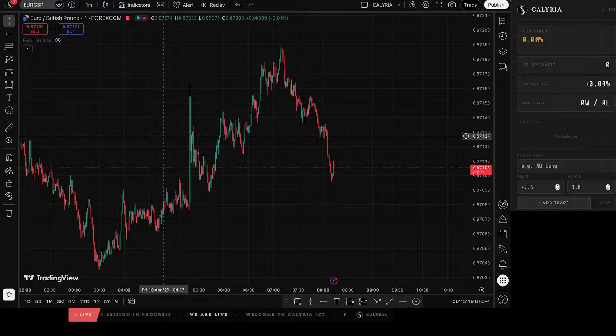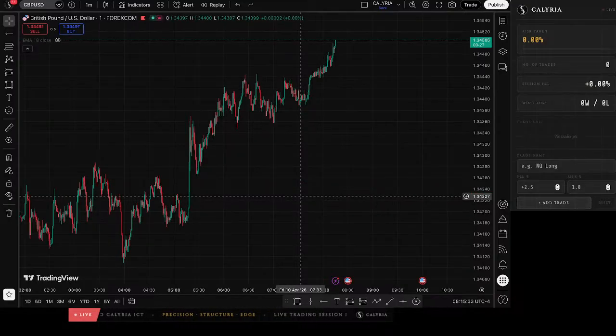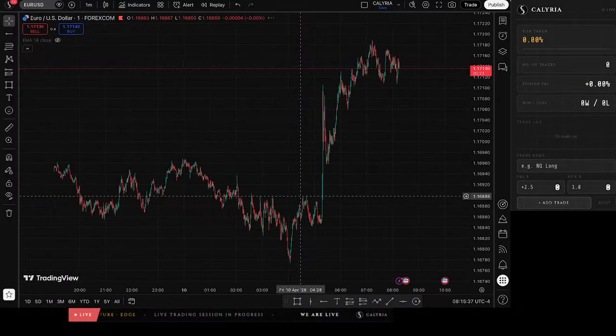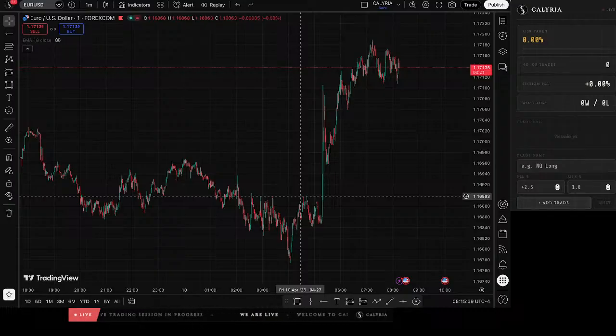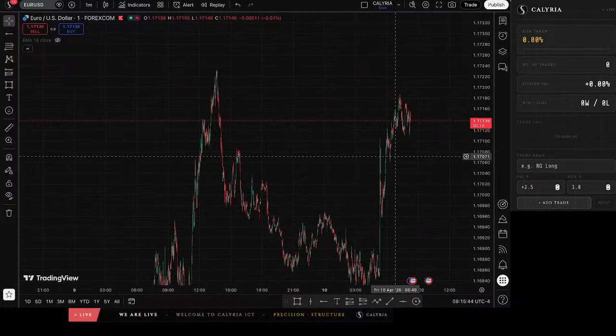Okay, so now I will mark certain points starting from Euro USD, and we will see if we want to take a trade or not. Let me open it on my chart.